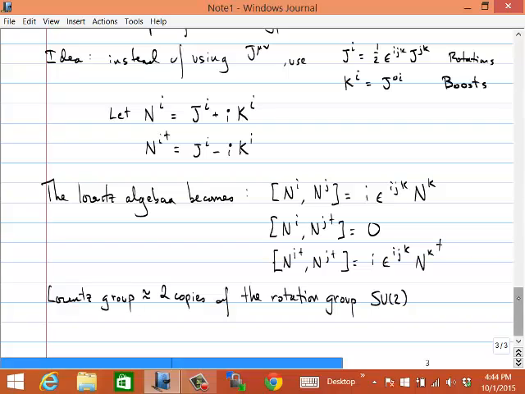So mathematically, remember the name that we gave to the Lorentz group was SO(3,1). So the mathematical statement is that SO(3,1) is SU2 times SU2, where those 2 SU2s refer to the SU2 algebra generated by the N's and by the N daggers, respectively.